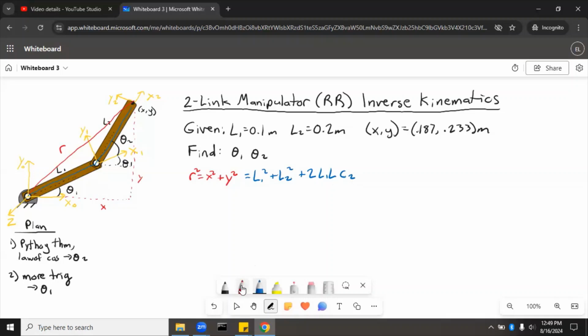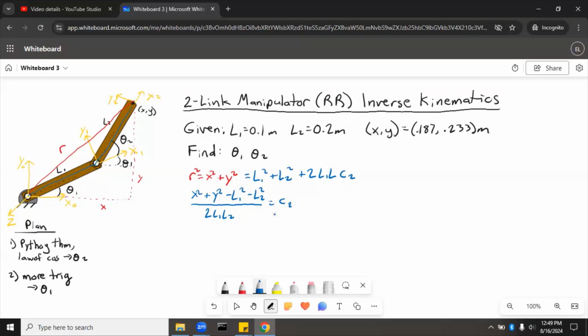So let's rearrange this now. We will have x squared plus y squared minus L1 squared minus L2 squared, over 2 L1 L2, equals cosine of theta 2.